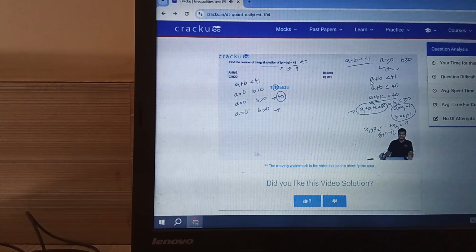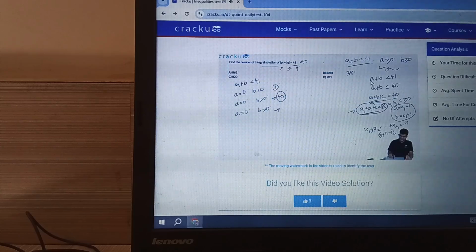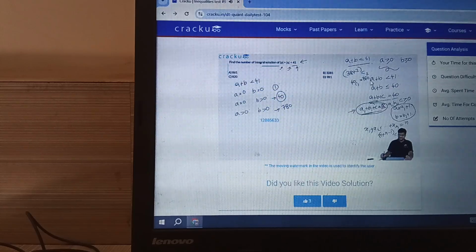So for a1 plus b1 plus c equal to 38, we have three variables, and the number of solutions is 38 plus 3 minus 1, that is 40 C 2, which is 780. So in the case where a is greater than 0 and b is greater than 0, the number of solutions is 780.